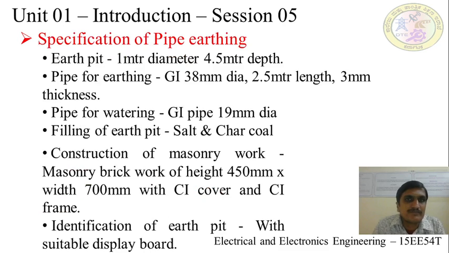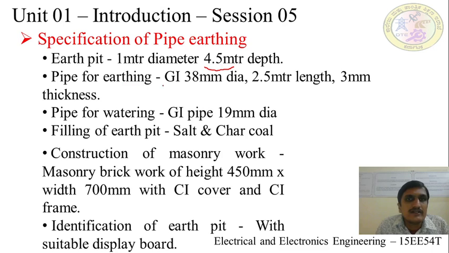Next, specification of pipe earthing. Here we have considered the maximum length. The specification of the earth pit is 1 meter diameter and 4.5 meter depth. This 4.5 meter depth is the maximum.